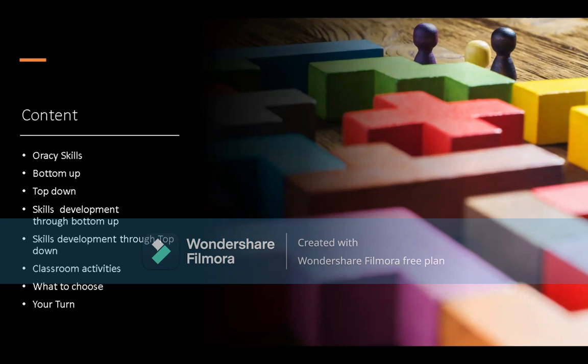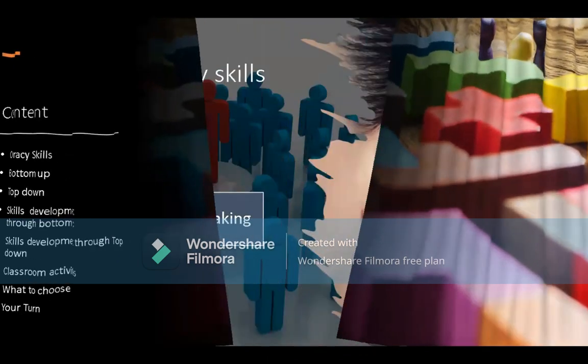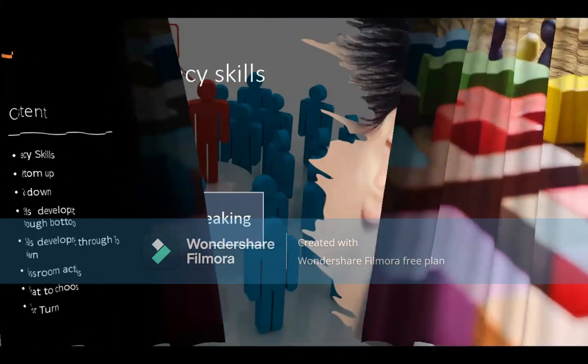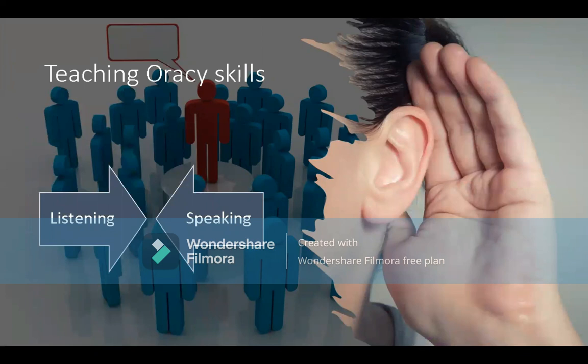Now come to our main topic, that is the oracy skill. Oracy skill is a combination of listening and speaking skill. It is a range of speaking and listening skills, but also the behavior and language necessary. Which language, which behavior is necessary for this type of skill?